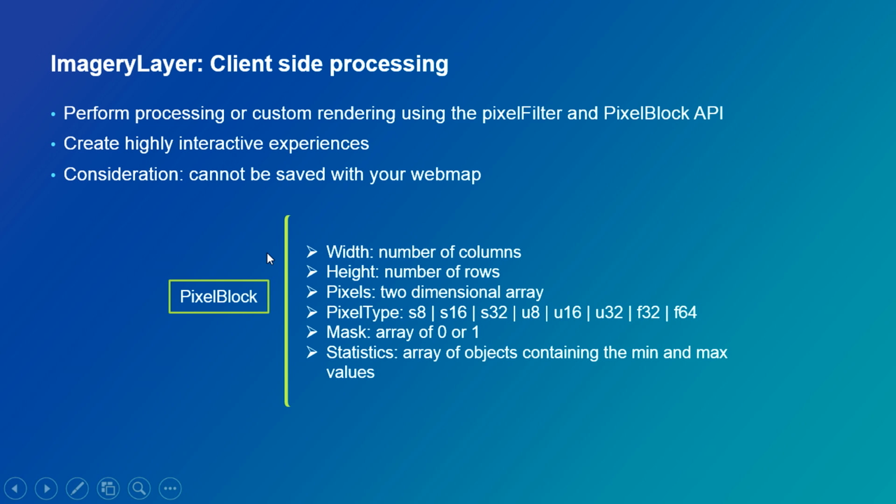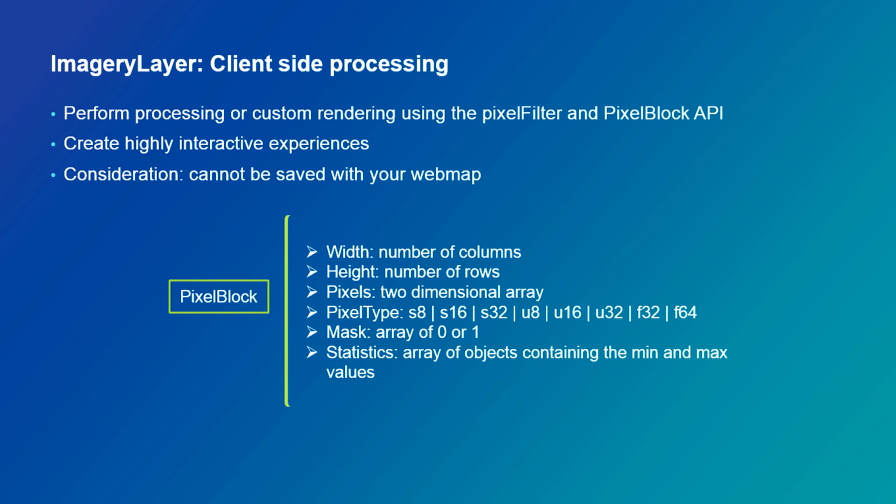And to do client-side processing or control the rendering, you can use a pixel filter, which is nothing but a function that takes the pixel block and updates it so that the updated version of the pixel block is actually used for rendering. So using the pixel filter and pixel block API, you can create some highly interactive user experiences because it's not constantly going back to the server to fetch more data.